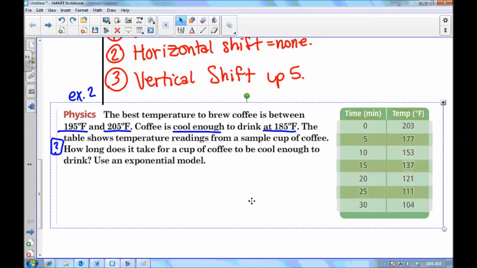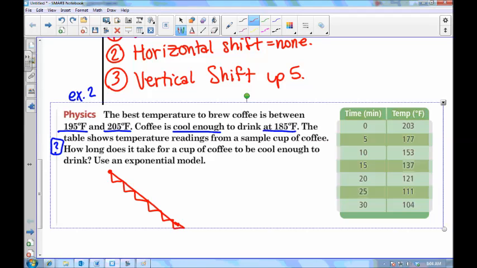Do you think when a liquid cools that it cools linearly, like this? It's really hot, and then it cools linearly, so that every minute it cools at the same pace. It has a consistent cooling.